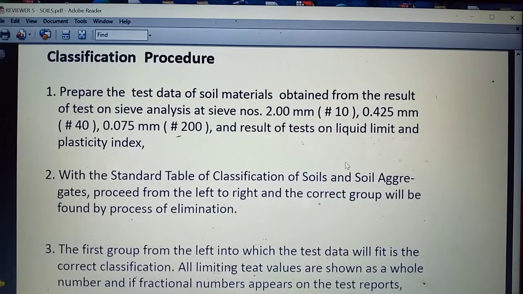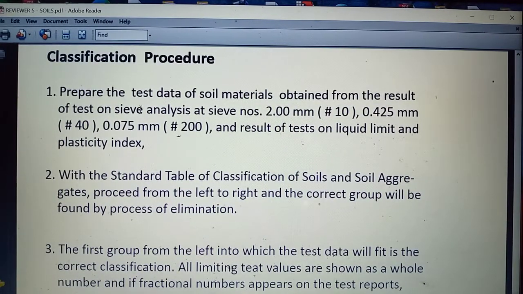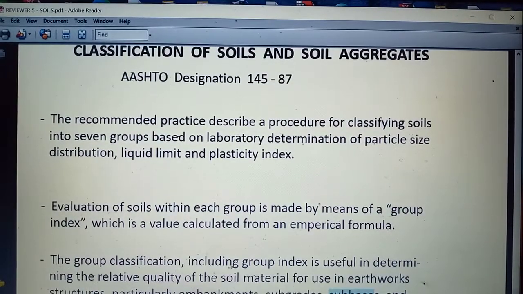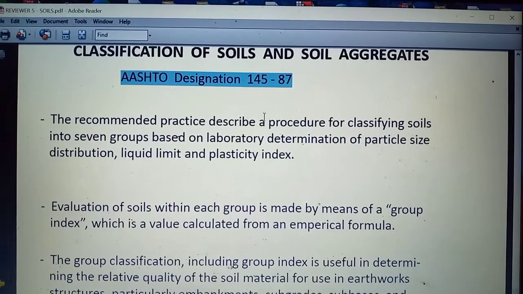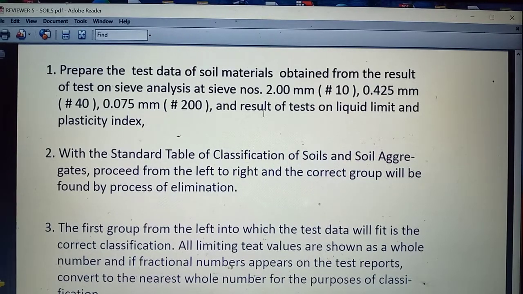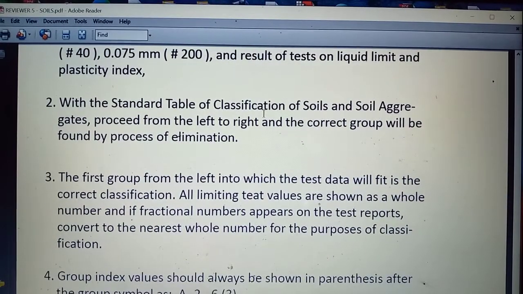So, ito yung classification procedure mo. Speaking of this, as to designation M145, prepare the test data of soil materials obtained from results of test on sieve analysis at sieve number 10, 0.425 mm, 0.075 mm, and results of test on liquid limit and plasticity index.